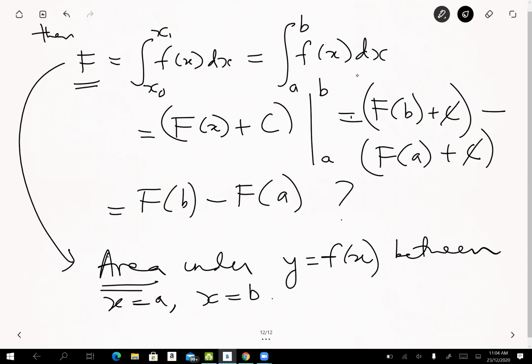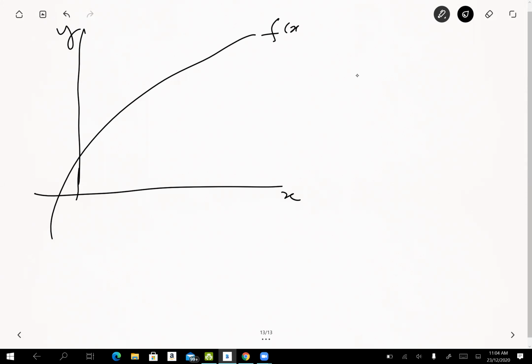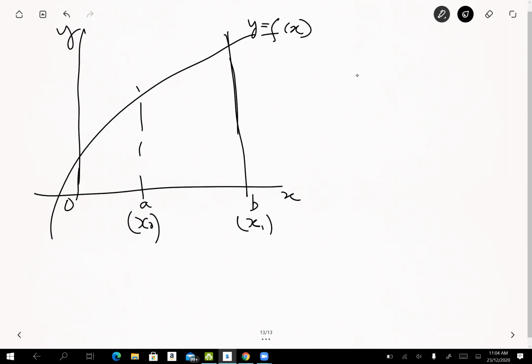So graphically, let's look at it. You got x, y, and then let's say that is y equal to f of x. And that is 0. Now we are talking about positive values, don't worry about the negative values. Suppose I have x equal to a, so that is x0, and then you got b, that's the value x1.